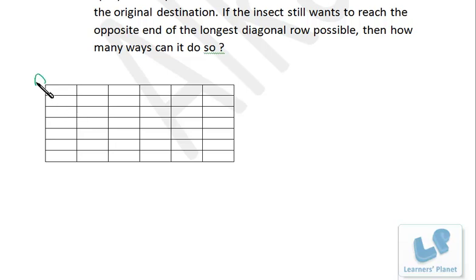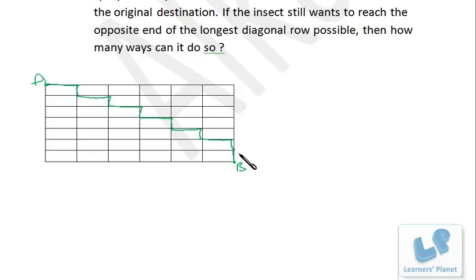So, this is point A and this is point B. Now, we have to start from point A and we have to reach point B. Now, the shortest possible ways we have to select and we have to find out how many ways there are, right? I just put up one example. See, this is 1, 2, 3, 4, 5, 6, 7, 8, 9, 10, 11, 12 and 13.